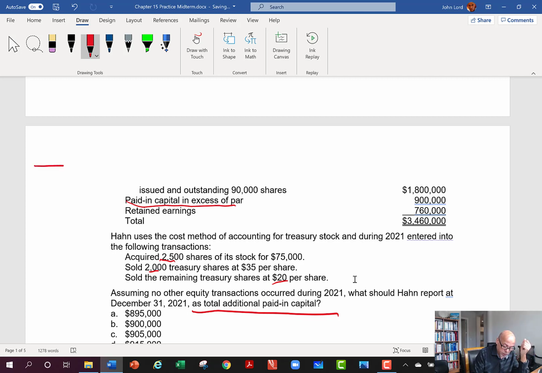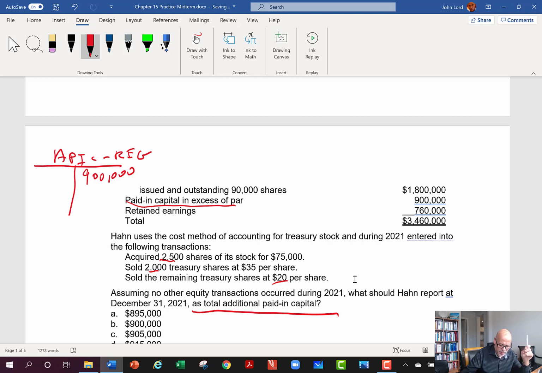So I'm going to go ahead here, and I'm going to just set up APIC, and I'm going to call that APIC regular, okay, 900,000. I do that because even though they didn't issue any more stock as part of this question, I know that's going to be part of the answer, and I want to write that down to remind myself to pick that number up, right?